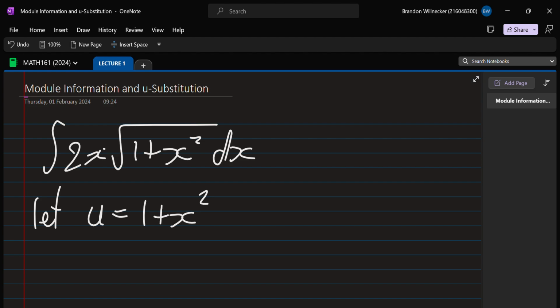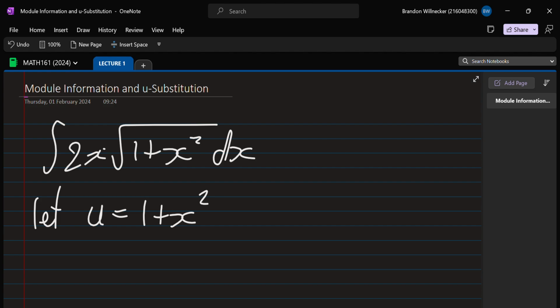The second bit is that dx over there. So u equals 1 plus x squared, that handles all of the x stuff inside the integrand, so x goes to u, but dx we need to replace with du. If the inside variables are x, we have dx. If the inside variables are u, we need du. How do we get that?